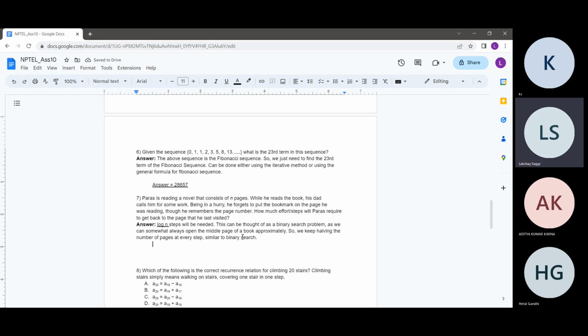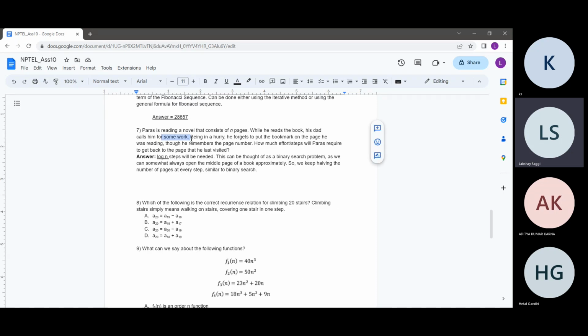Now, adding a bit of a trick to it, not too difficult. Suppose Paras forgets to put the bookmark on the page, right? So how does the answer change if Paras had put a bookmark on the required page?